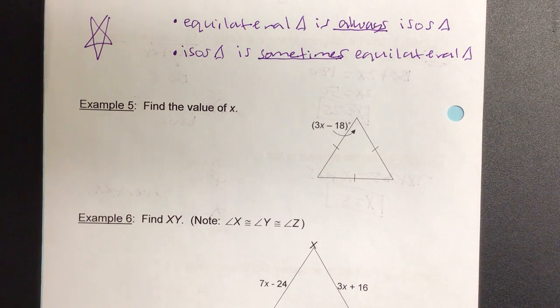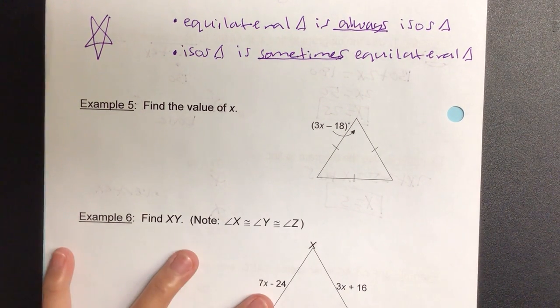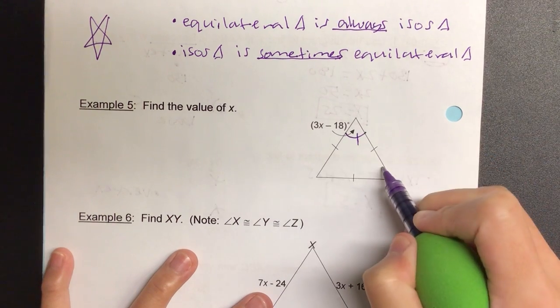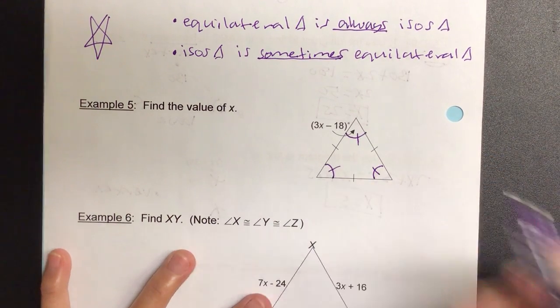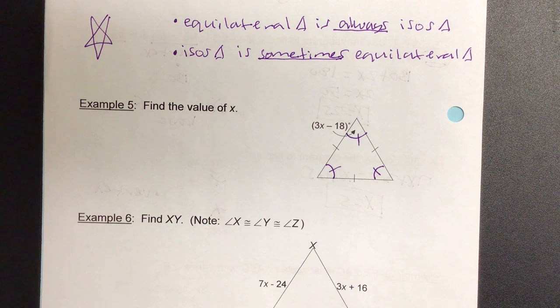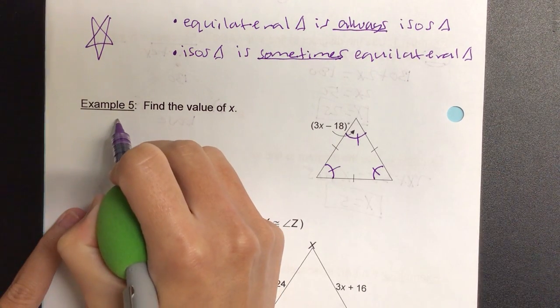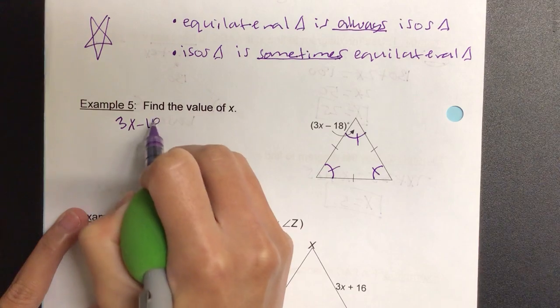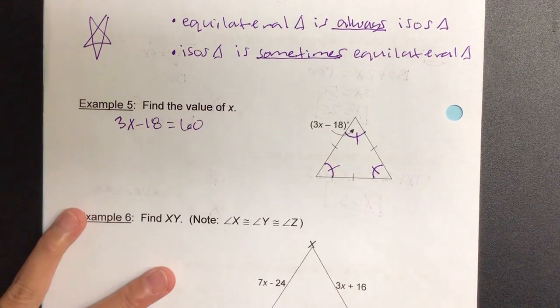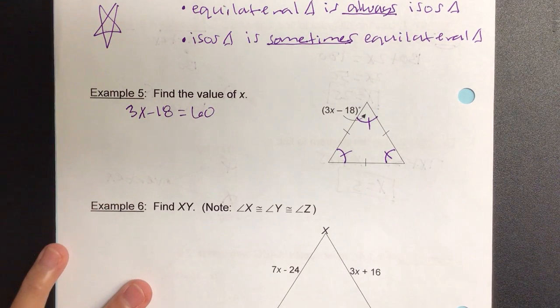What triangle do I have specifically? Equilateral. So we know all the angles are also congruent. Do we also know what each angle must be? It has to be 60, because 60, 60, 60 must be 180, right? Now, since 3x minus 18 is the expression in place of 60 degrees, set them equal to each other.